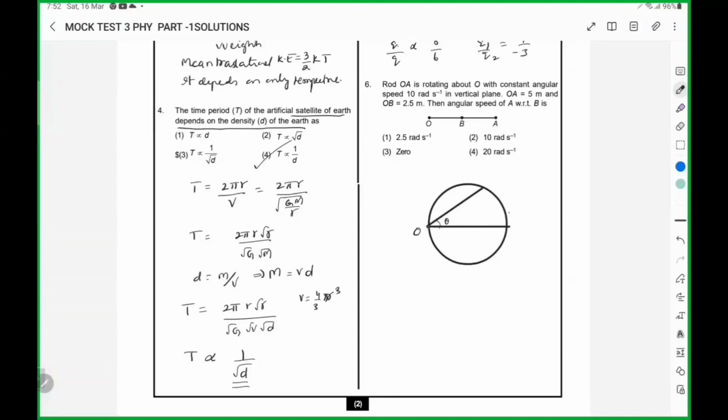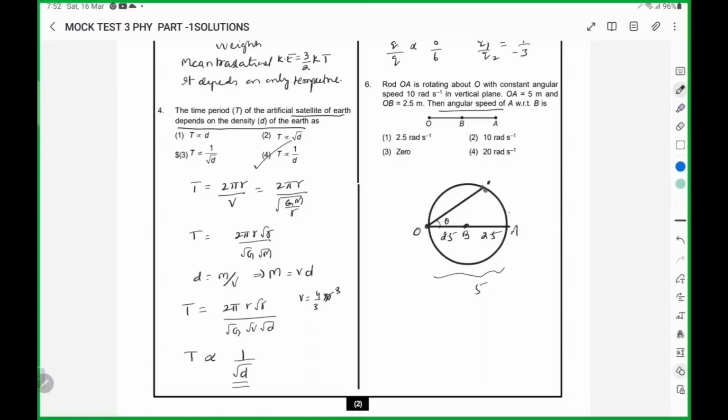So angular velocity is calculated about the point. About B, here OA is 5, OB is given as 0.5. So B will be the center. He is asking the angular speed of A with respect to B.